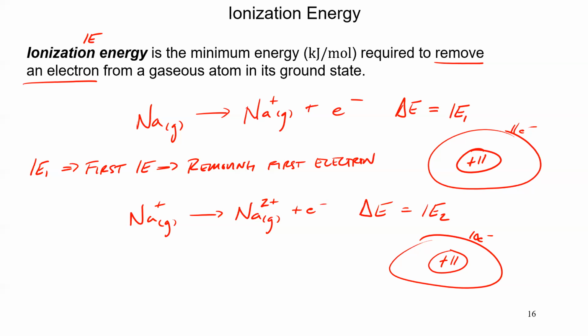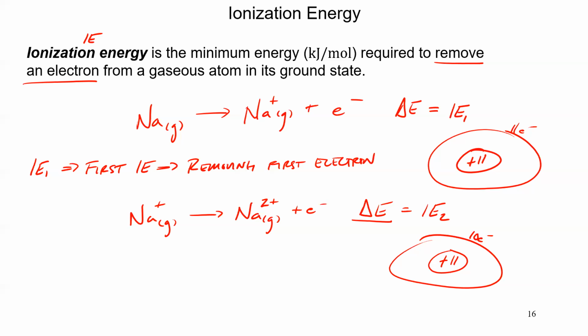Stronger. Yeah, absolutely. So he's going to hold those 10 electrons a little bit stronger than he did those 11 because there's sort of a larger ratio of positive to negative charge, right? And so does that mean this change in energy is larger or smaller when I pull off that second electron? Larger.